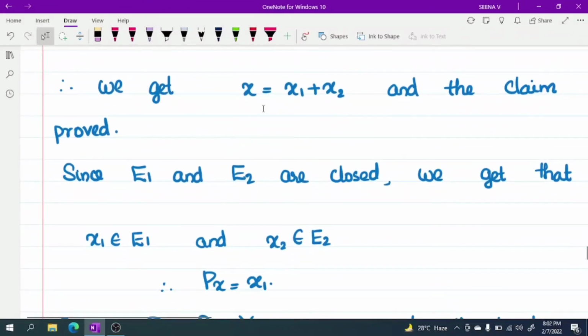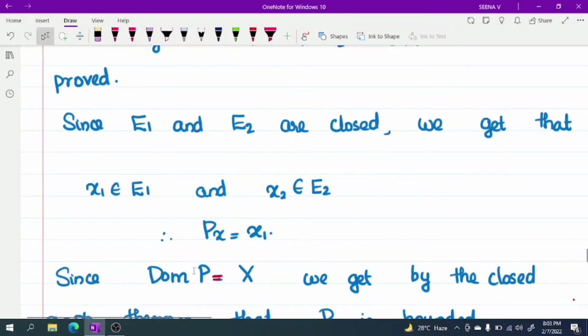Now what about Px? Px is equal to x1. And what about the domain of P?